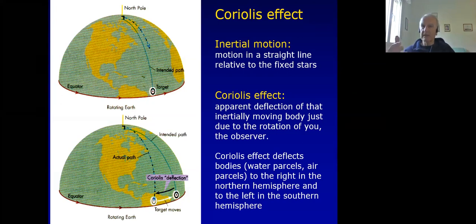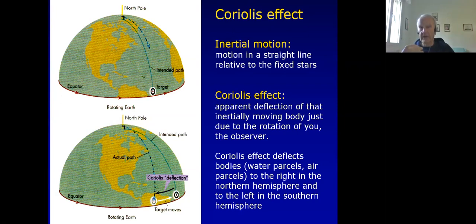And since we are on the rotating Earth, in the rotating system, we see the deflection of that inertially moving body just due to the fact that we are rotating with the rotating system.